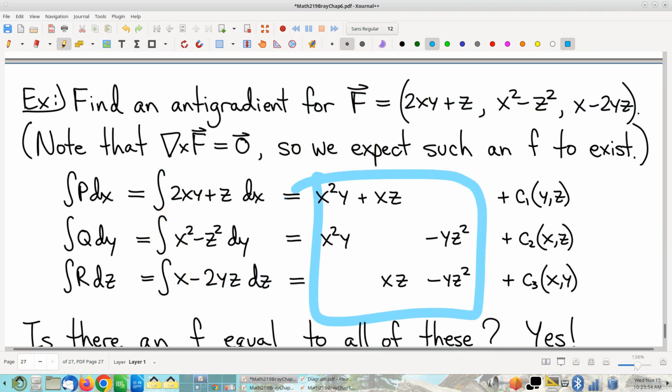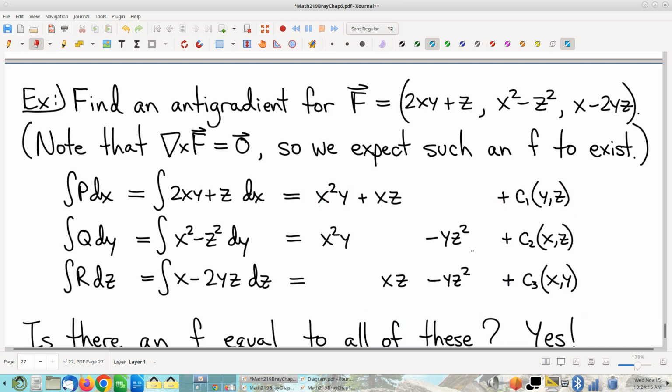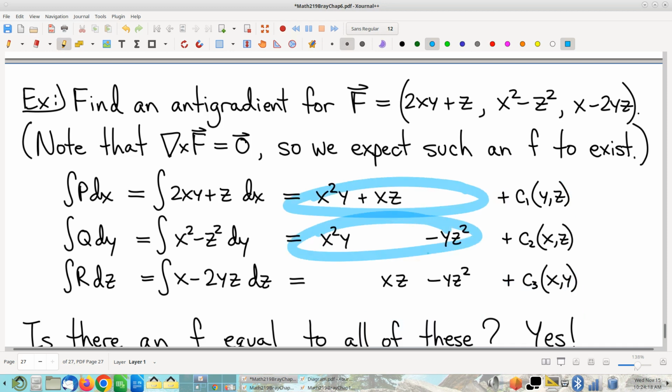But again, don't forget what you've written down here. These are not the antipartials. These are just arbitrary antipartials. Altogether, if you want to talk about all possible antipartials, you have to include the partial constants. So the question is not whether these three things are all equal to each other.